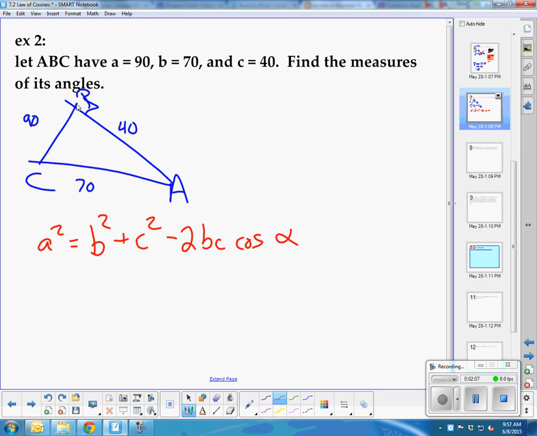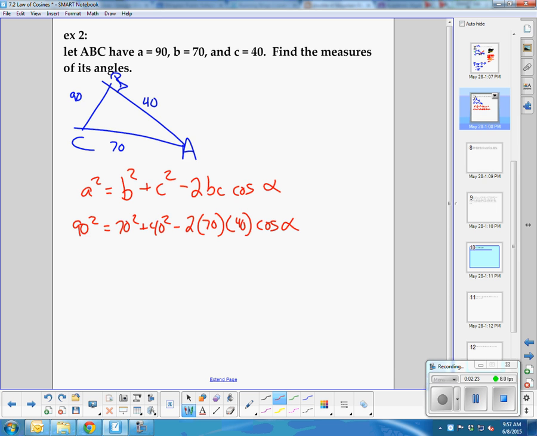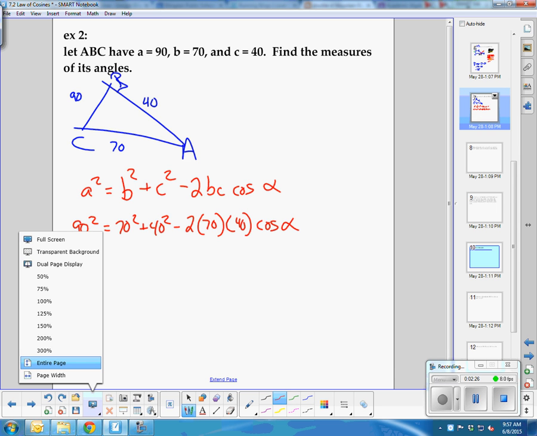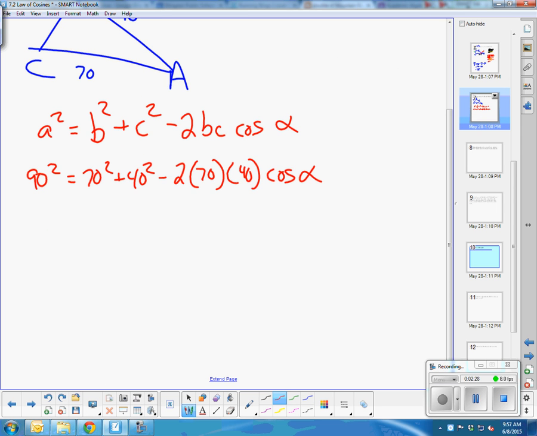I would start by substituting values in here. So I'd have 90 squared equals 70 squared plus 40 squared minus 2 times 70 times 40 cosine alpha. And those are big numbers, and honestly, I don't even want to deal with them. So I'm just going to rewrite them as is.